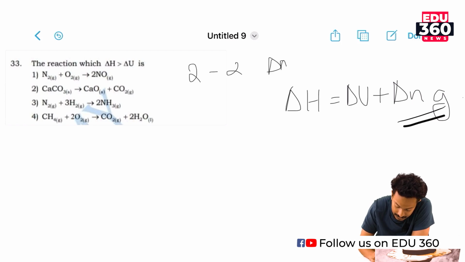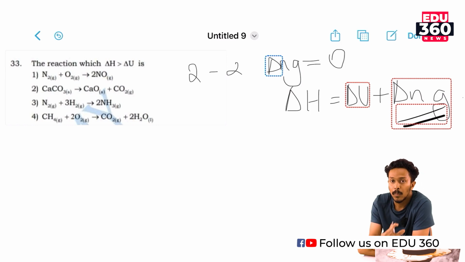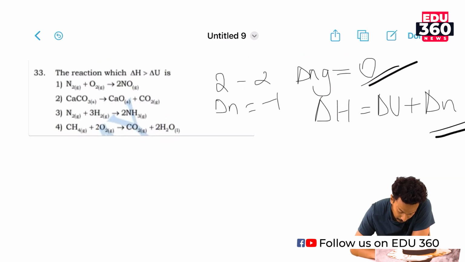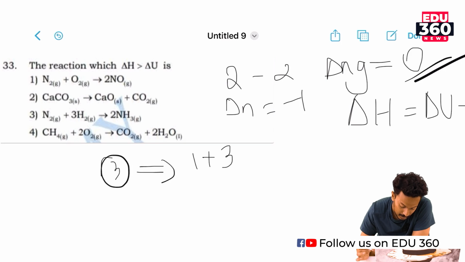So delta Ng would be 0. In order to get delta H greater than delta U, we need to find a positive delta Ng value. So this is a 0, and here there are no reactants, delta Ng is equal to minus 1, and in this question there is 1 mole of nitrogen and 3 moles of hydrogen, which gives 2 moles of ammonia.